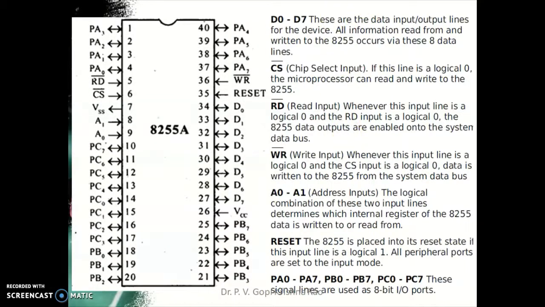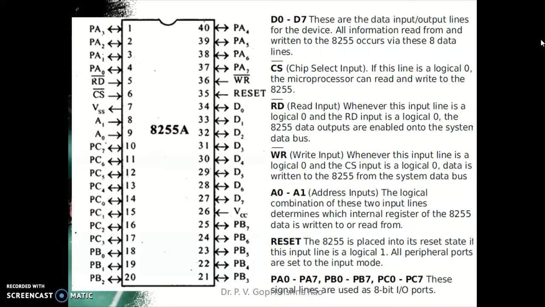So, let us look in detail at the functionalities of these pins. D0 to D7 are the data input-output lines for the device. All the information read from or written to the 8255 is carried on these lines. These lines are connected to the lower data lines of your microprocessor.